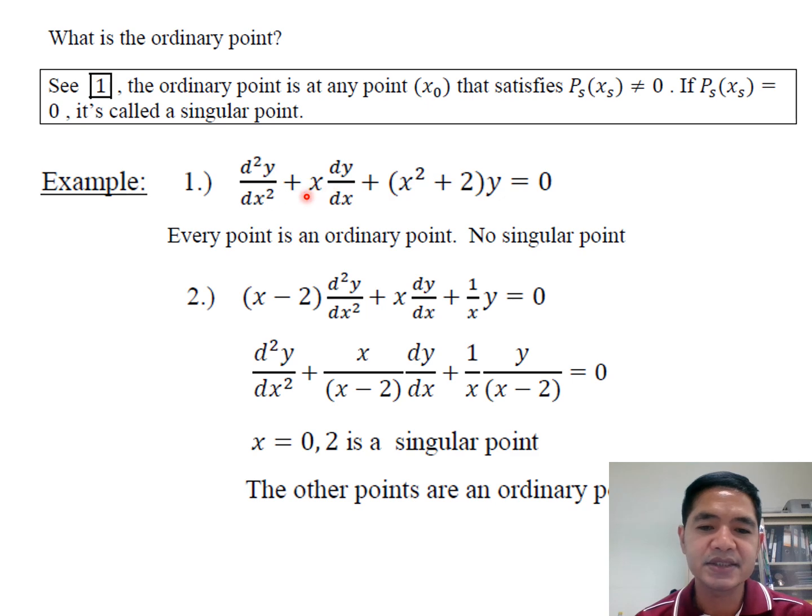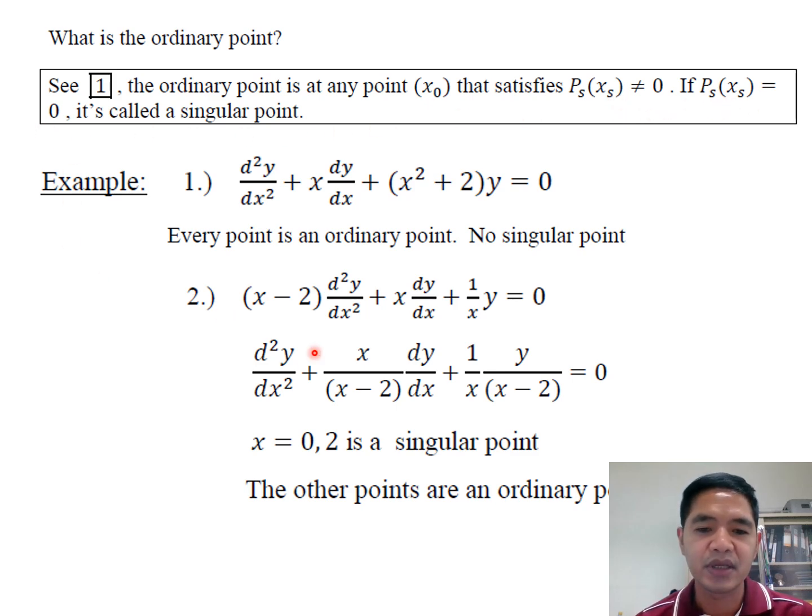So p(x) in this equation is 1. That means every point is an ordinary point and there is no singular point in this case, because there is no point where p(x) equals 0.